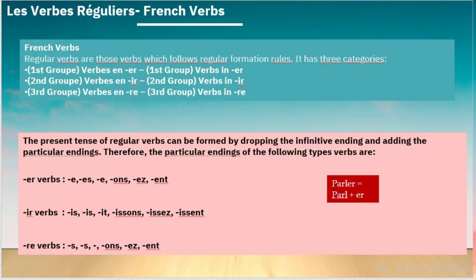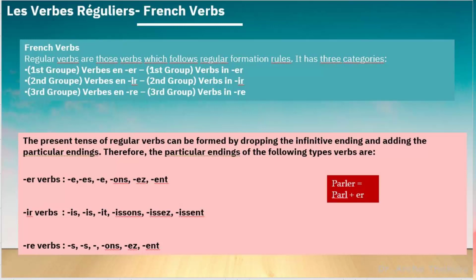Parler is the main verb, which ends with er and is conjugated in different ways according to the different subjects: je, tu, il, elle. These are your subjects, your pronouns, which will decide what form the verb will take.